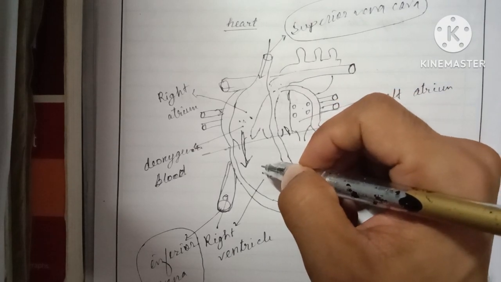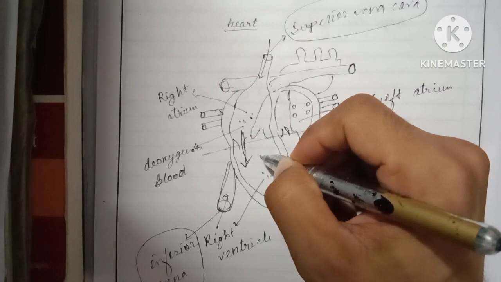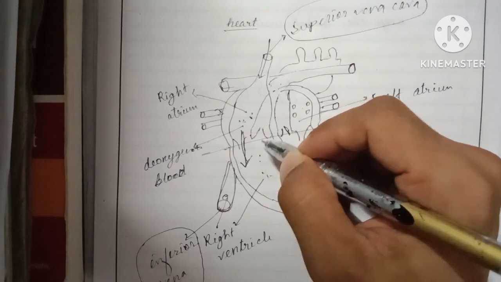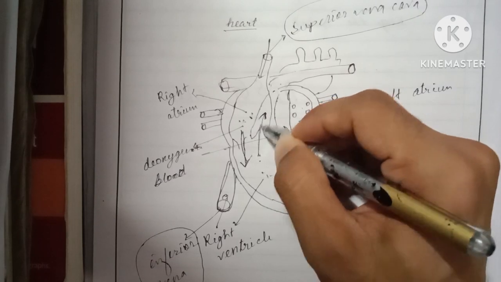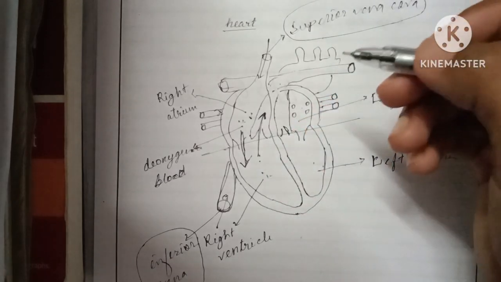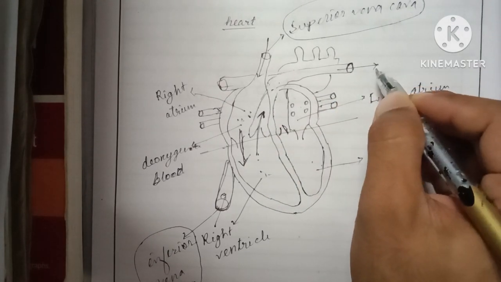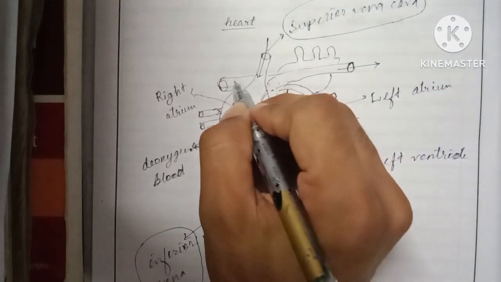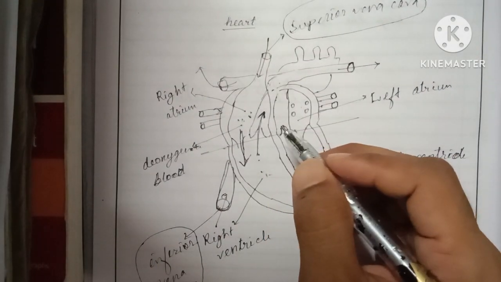So after getting blood from right atrium, the right ventricle pumps this blood through the pulmonary artery to lungs. This will go to the left lung, and through this the blood will go to the right lung.